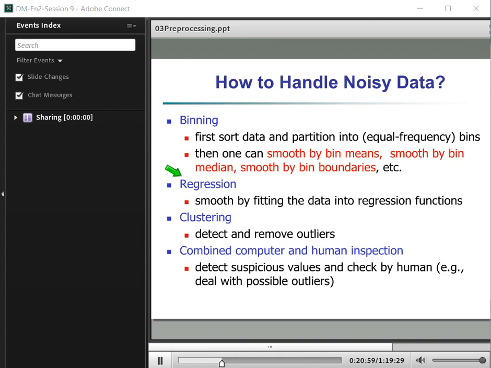This line has minimum distance from those points. So when I'm using the regression technique, I'm trying to use a line formula instead of using values of those data. It means that I will replace a real value of data with the nearest value in that line.